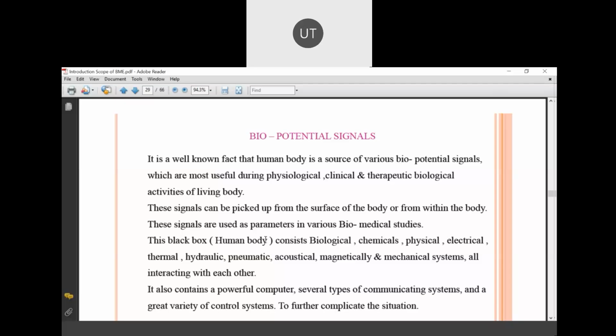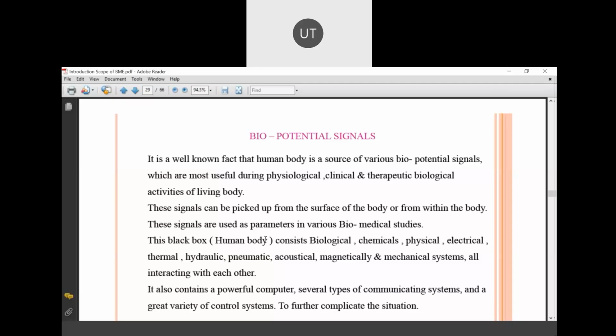Sometimes you feel tense, sometimes you feel relaxed. Okay, this is the action of the chemical reactions happening inside our body, the generation of some chemicals inside the body. Then physical systems, electrical systems, since it is producing some signals, microvolt, millivolt, the electrical signal is produced by the body. That's what we are calling biopotential signals.